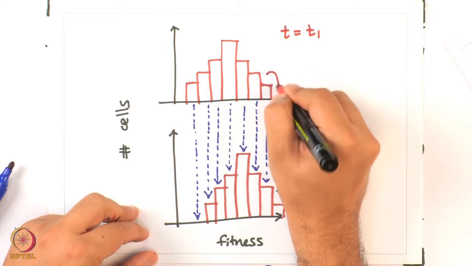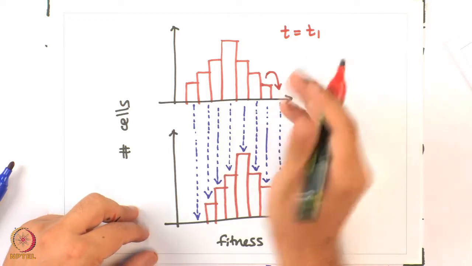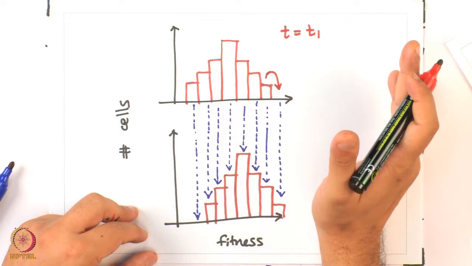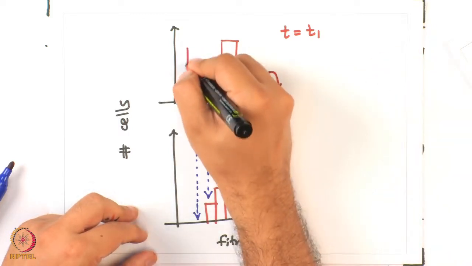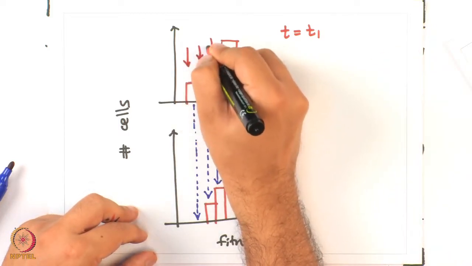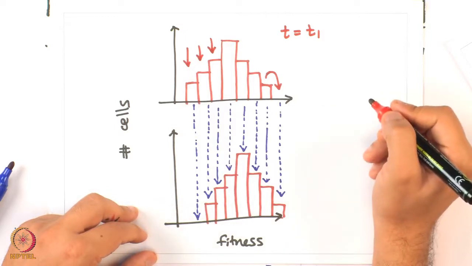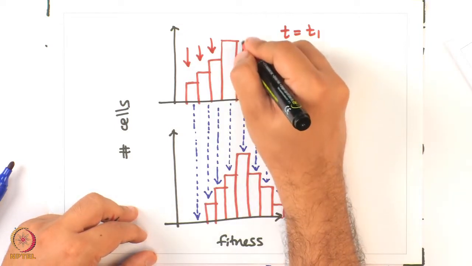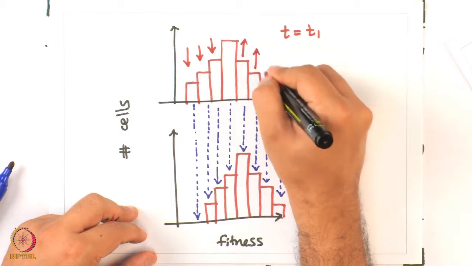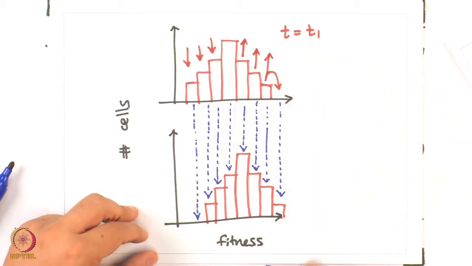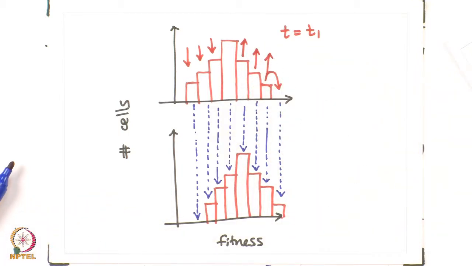But then we have new mutations arising from this particular genotype and everybody is moving to the right. At the same time, selection is acting to ensure that these genotypes are eliminated from the population, and selection is also acting to make sure that these genotypes flourish in the population and the frequencies associated with them increase with time.